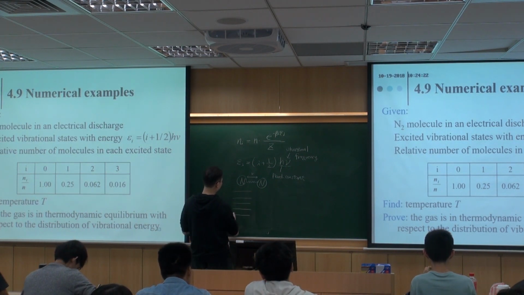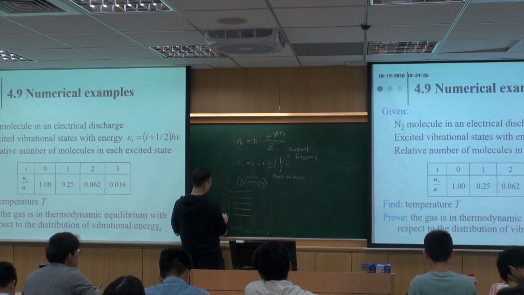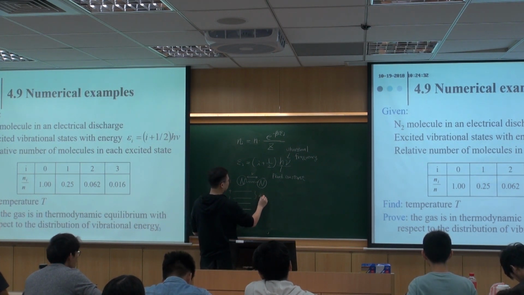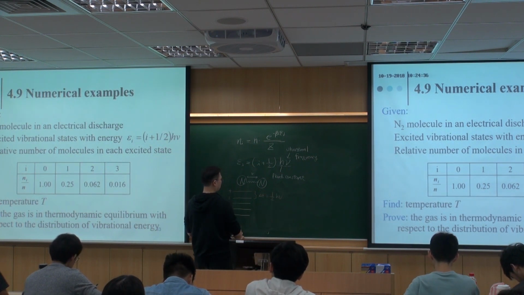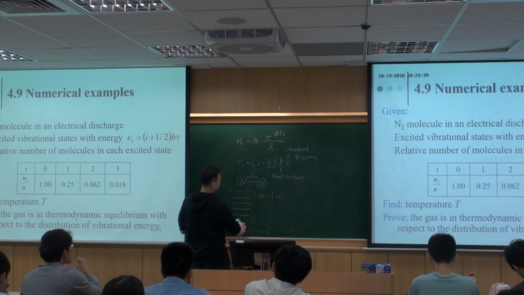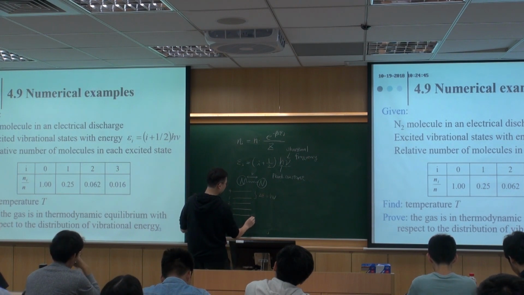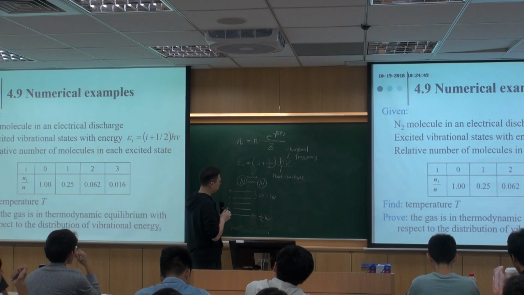So starting from 0, 1, 2, 3, 4, so I is 0, 1, 2, 3, 4. If you move up for each step, the difference is h mu. And you have a ground state over here, which is h mu over 2.